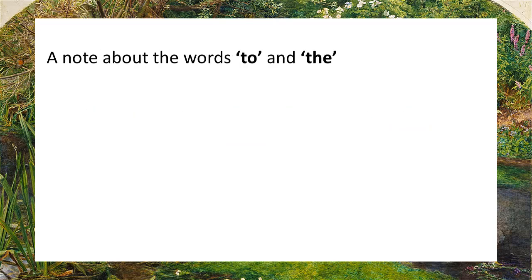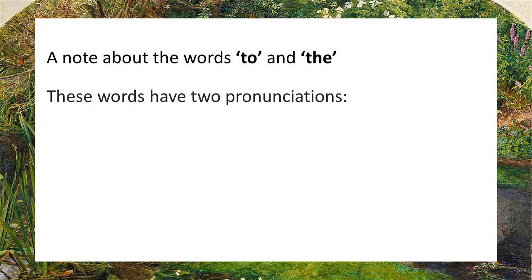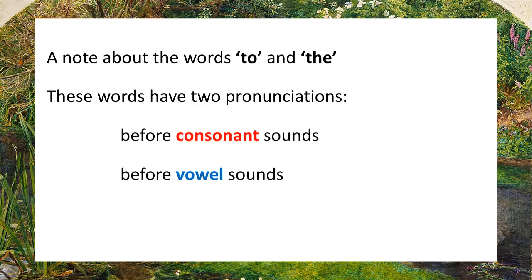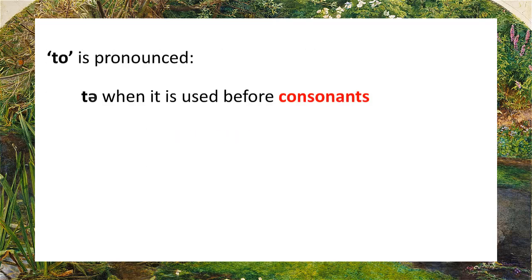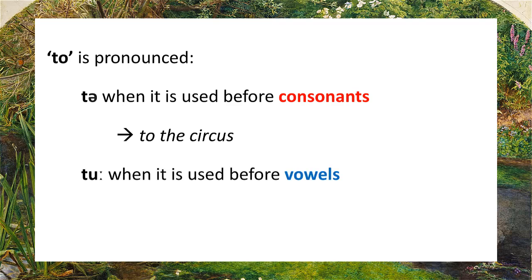A quick note about the words to and the. These words have two pronunciations, when they are used before consonants and when they are used before vowels. To is pronounced 'tuh' when it's used before consonants, as in to the circus, and 'too' when it's used before vowels, as in I want to ask.